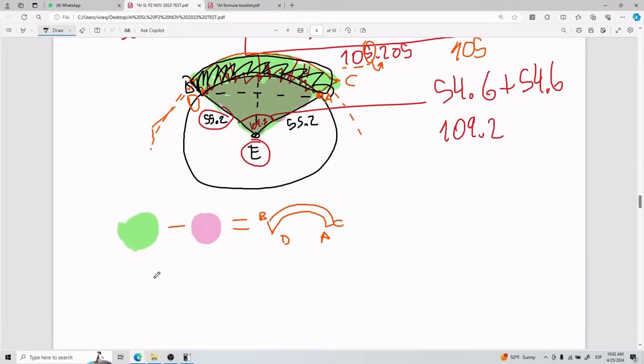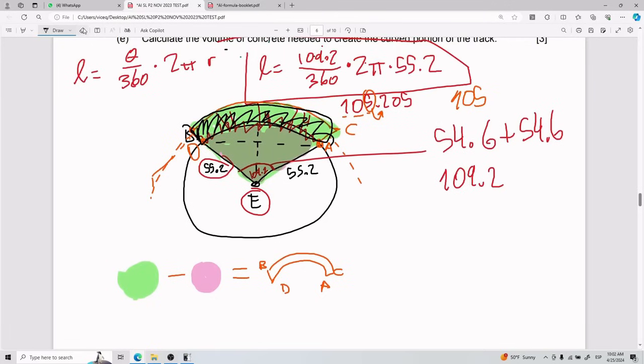So for the big sector in green, they tell you that all along it you have a length of 4. So here, you have a length of 4, including at the very edge. So technically, this distance here, which is the radius of the bigger one, is going to be 55.2 plus 4.